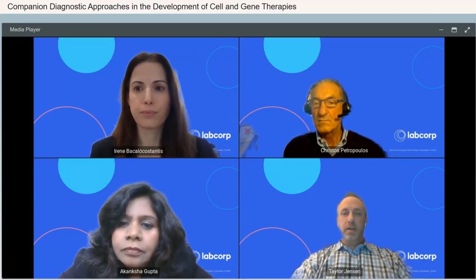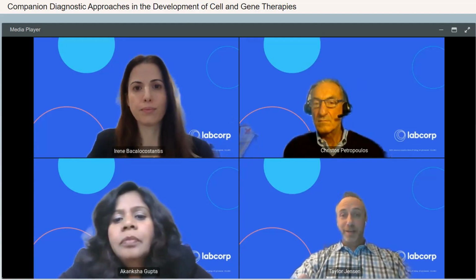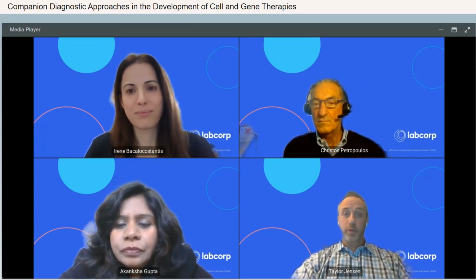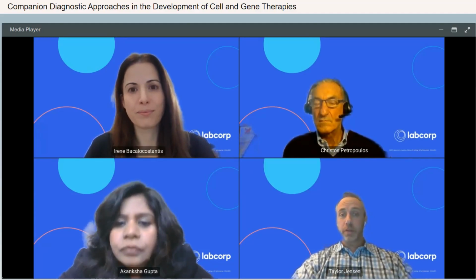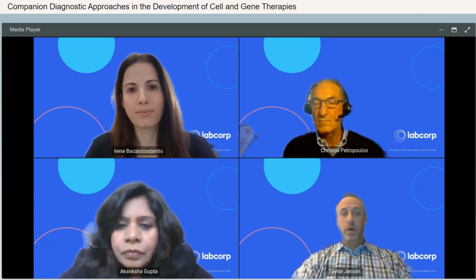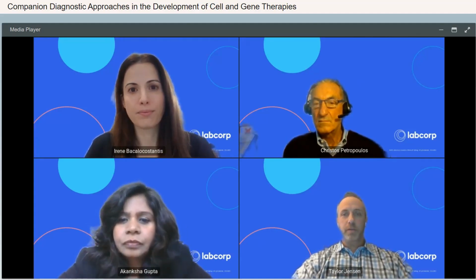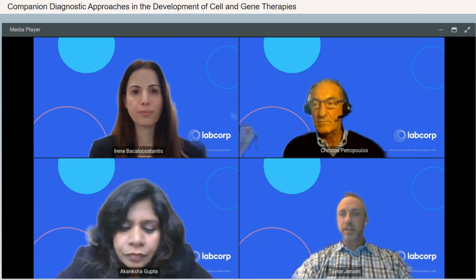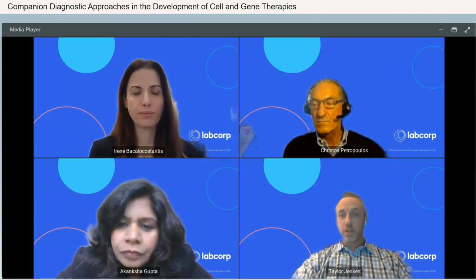And so what I would say is, while we haven't seen a companion diagnostic in that space yet, I do think it's likely that we will ultimately see one in the future for cell therapies. But that's something that's already been implemented, as Akanksha you mentioned, as Chris you mentioned, in the gene therapy space. So Chris, maybe you want to go in a little bit more depth about some of the technologies you've been seeing in the gene therapy space.